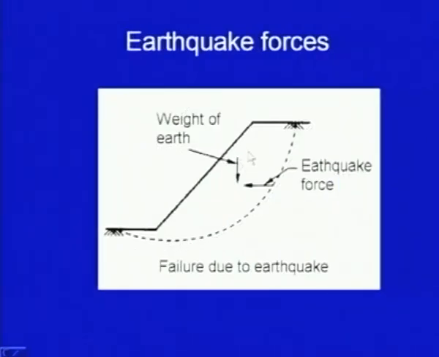Earthquake forces. What the earthquake forces do is cause a severe shaking of the soil mass. So, here is an embankment, its weight is acting in this direction, and the shaking of the earthquake forces can be resolved into two components, a horizontal component as well as a vertical component. When the acceleration is in this direction, the force due to earthquake will be acting on this particular soil body in this direction.